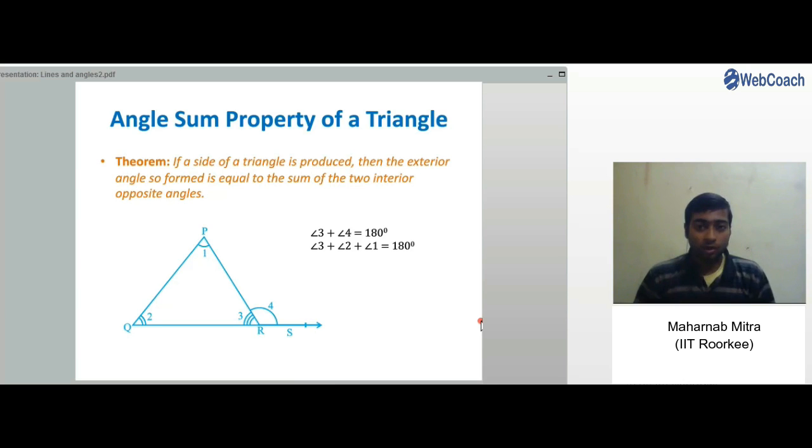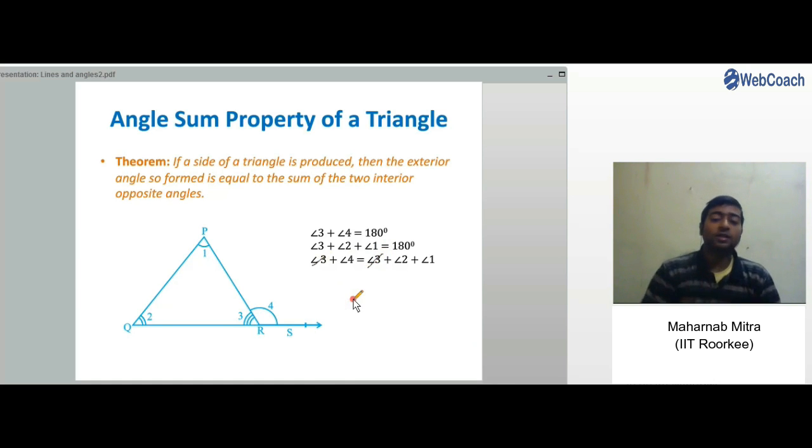So what we can do is, you can see the value of angle 3 plus angle 4 must be equal to angle 3 plus angle 2 plus angle 1, right? The sum of angles 3 plus 4 must be equal to the sum of angles 3 plus 2 plus 1. So we make them equal, and thus you can see angle 3 gets cancelled off from both the sides because they are all in addition form.